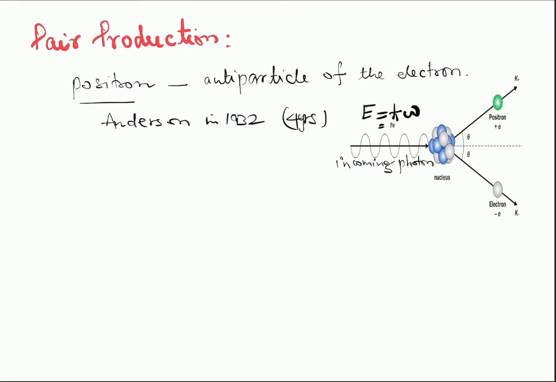Anderson observed it while studying the trails left by cosmic rays in a cloud chamber. When high frequency electromagnetic radiation passes through a foil, individual photons of the radiation disappear by producing a pair of particles, an electron and a positron.